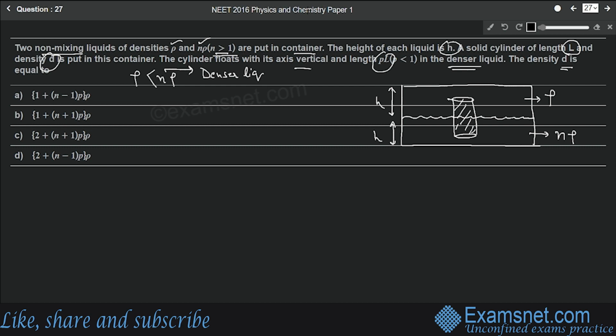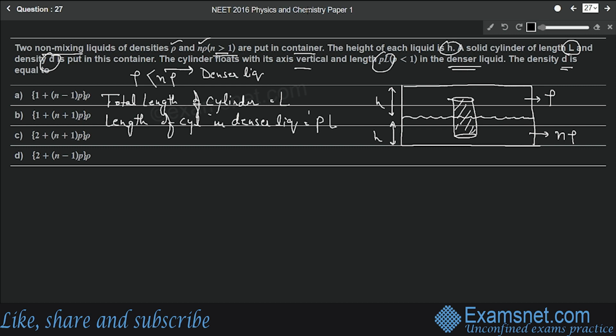Now what is the length of the cylinder? The total length of the cylinder is capital L. It is given in the question. Also it is given that the length of the cylinder in the denser liquid is PL.